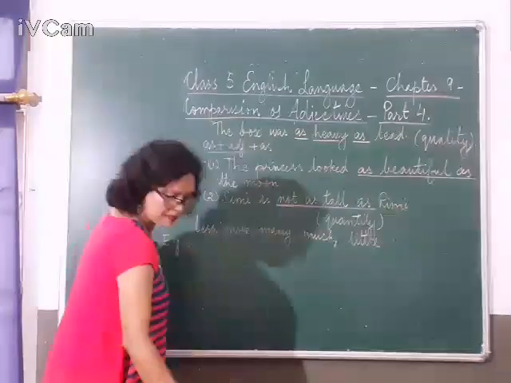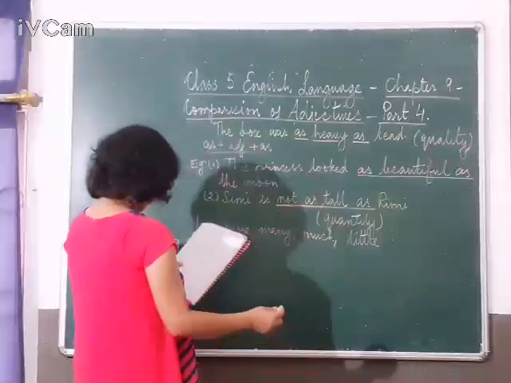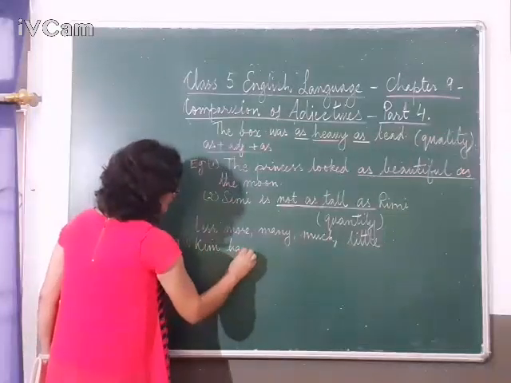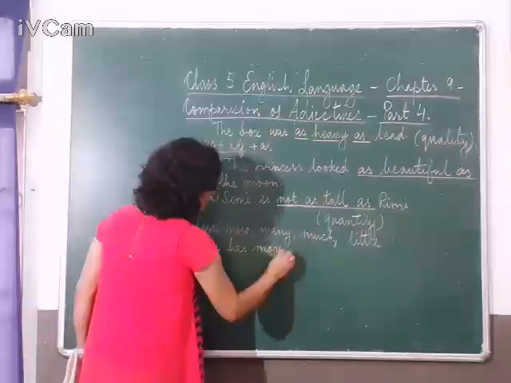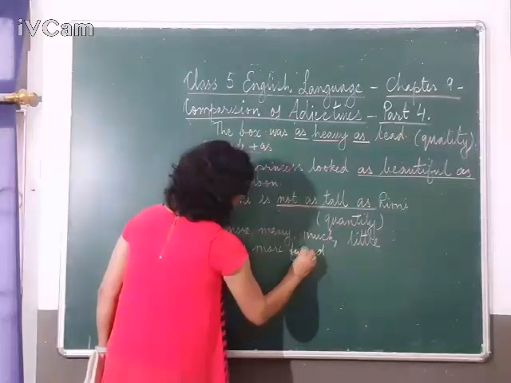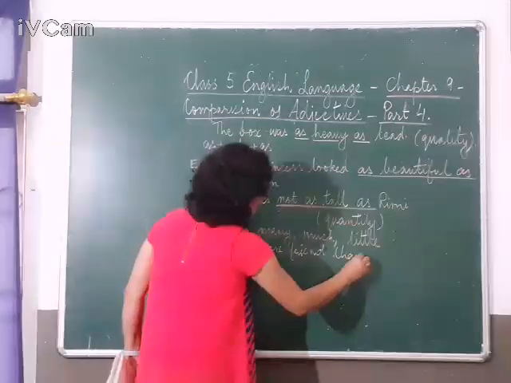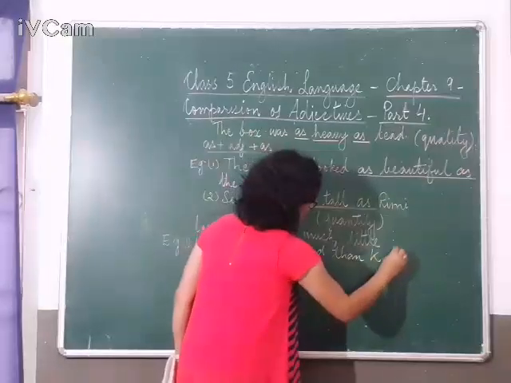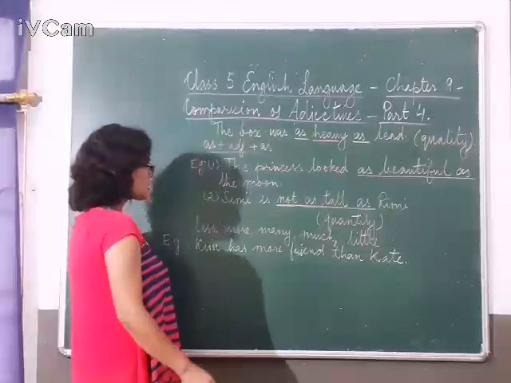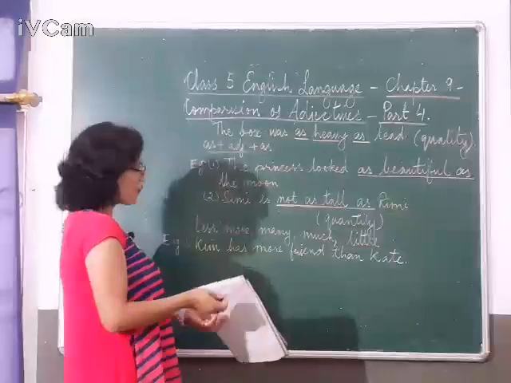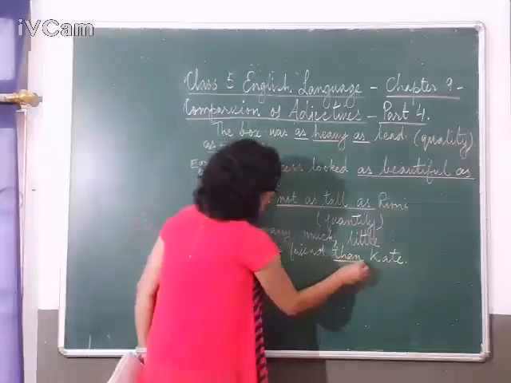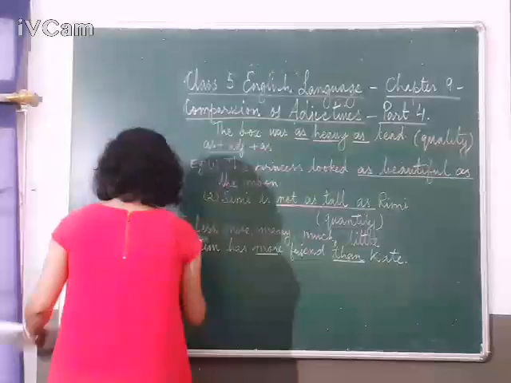Example. Kim has more friends than Kit. See? Two of them. The comparison between Kim's friends and Kit's friends. Kim has more friends than Kit. Another example.